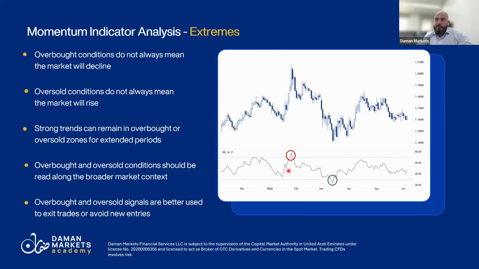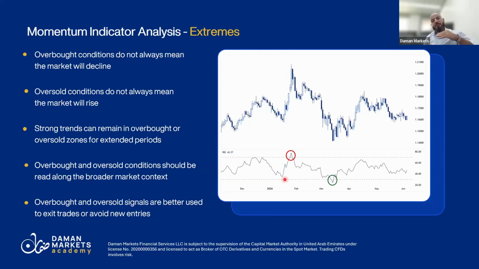Because it is a bounded indicator that fluctuates between 0 and 100, 50 is the equilibrium. Now, what is the extreme or the upper bound? The upper bound is anything above 70, and the lower bound is anything below 30. So when the RSI is between 70 and 30, this is called normal reading.